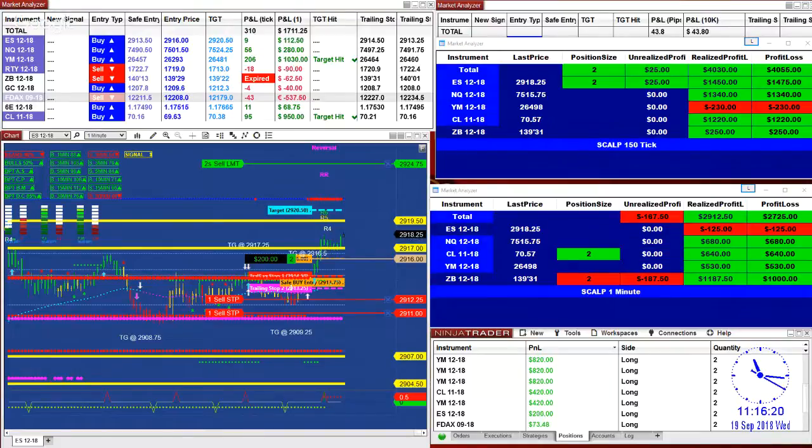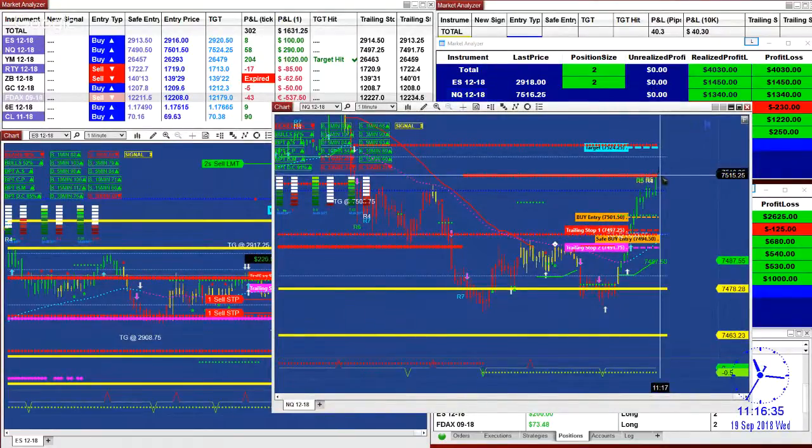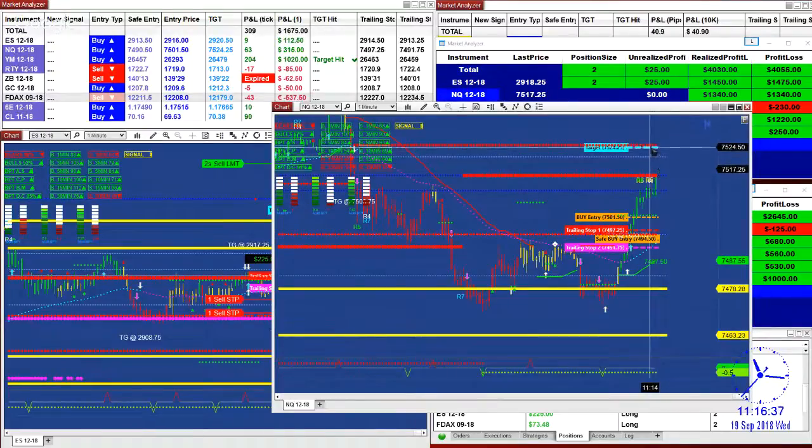The ES is about to hit the target, and the NASDAQ as well. Now the last stop on the NASDAQ is right there. This is struggling on the 15.25, but we're about to break. And then we are about to hit the target at 24.75.